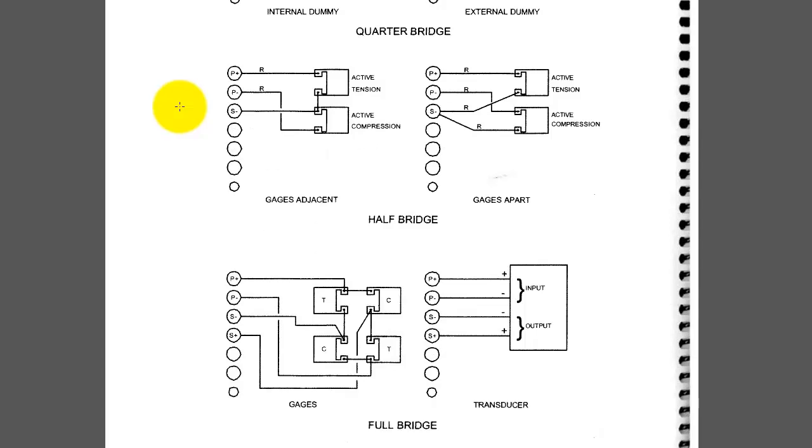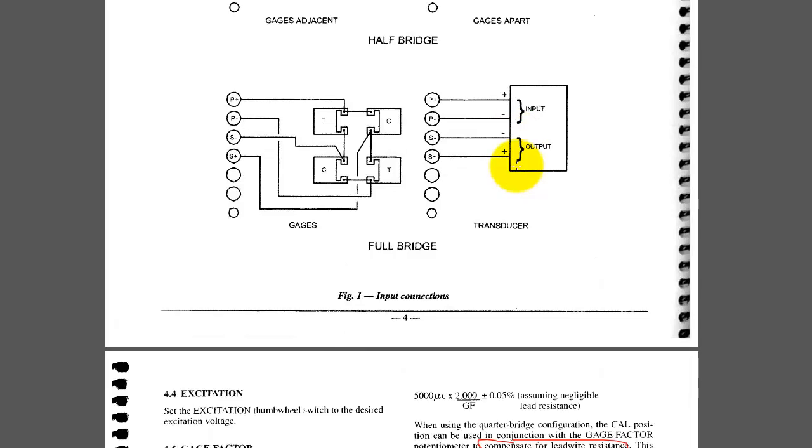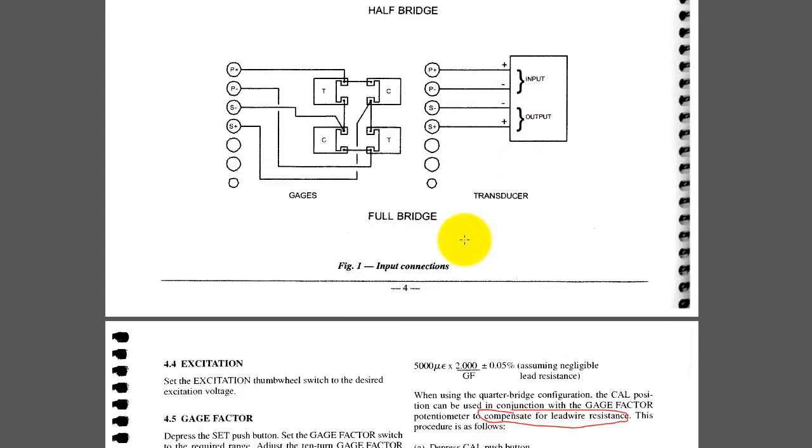If you want to use 2 gauges in one of the previous configurations shown to compensate for some unwanted effect, you can do that here in a half bridge with the gauges adjacent or apart depending upon your need. And then if you want to do a full bridge configuration like the load cell you used in the first assignment, well, you can do that here as well.